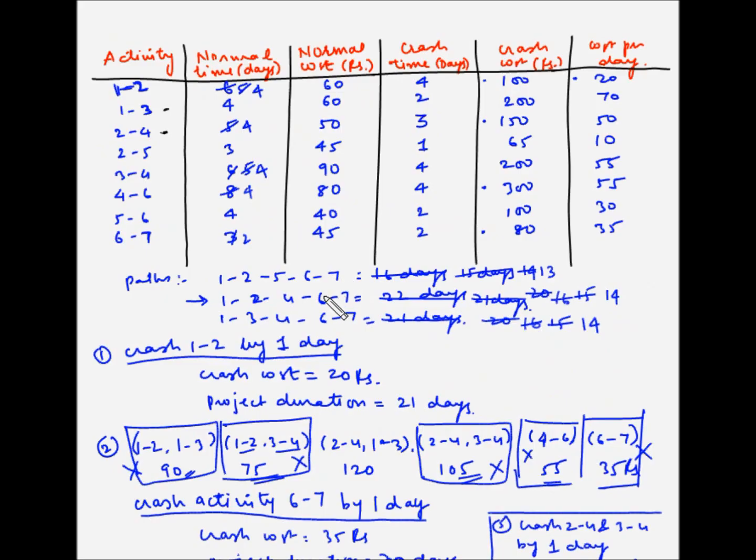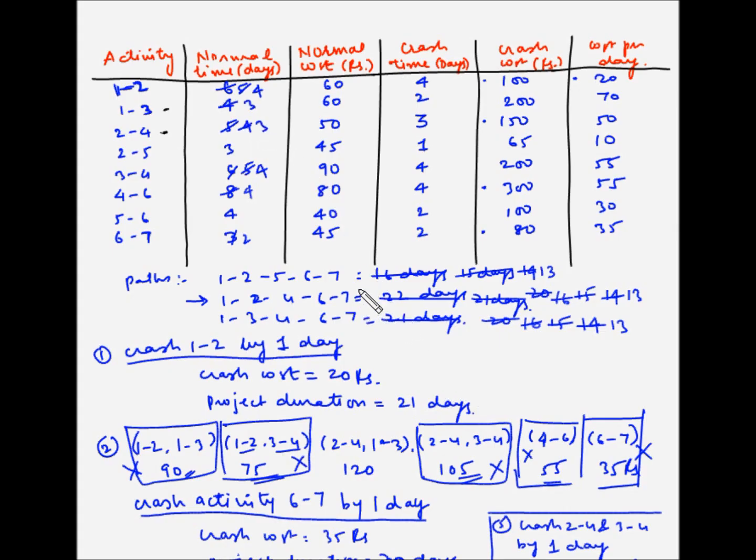So here the second path has the activity 2-4, so this goes down to 13 days, and the third path, 1, 3, 4, 6, 7 has the activity 1-3, so this goes down by 1 day as well. So now this has been reduced to 13 and 2-4 has also been reduced to 13 days.